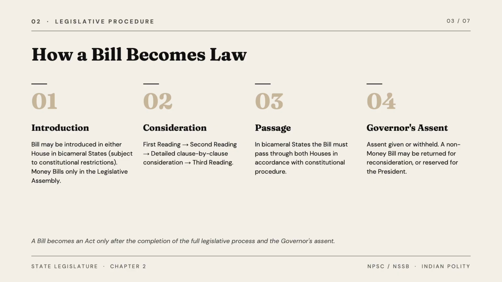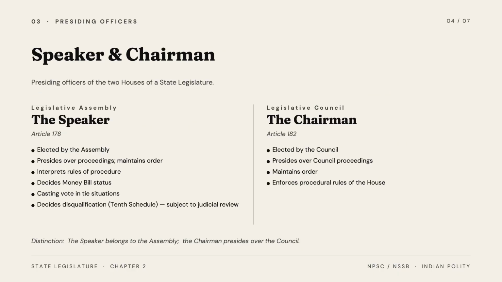Except for money bill. For money bill, he cannot send back. Okay, he is obligated to give his assent, but he can reserve even money bill for the president. So the governor's assent, that's how the bill becomes law. And I've already explained that, so I will skip the detailed explanation.